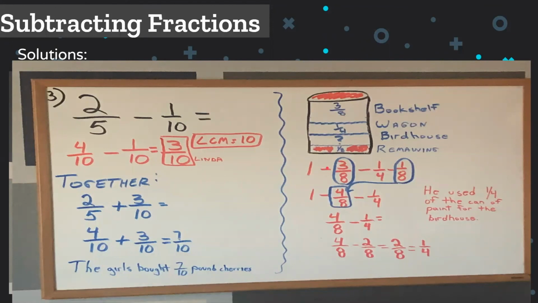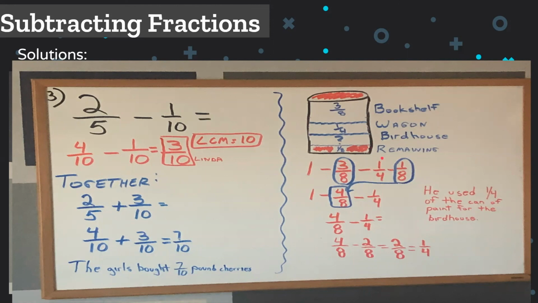Then we're going to subtract 3/8 of the paint for the bookshelf. We're going to subtract another 1/4 of the can for the wagon. And we also know that 1/8 is left. So the only part in our model that we don't know is what was used for the birdhouse, right?